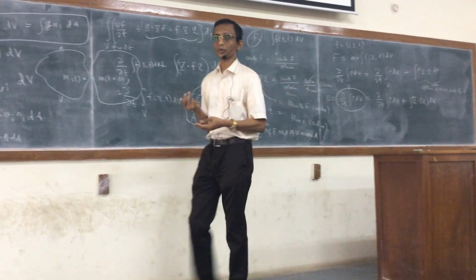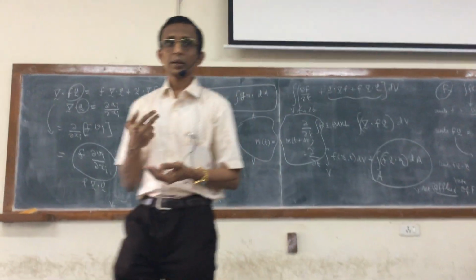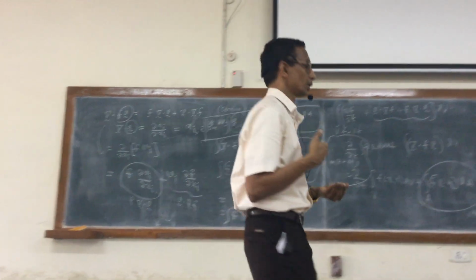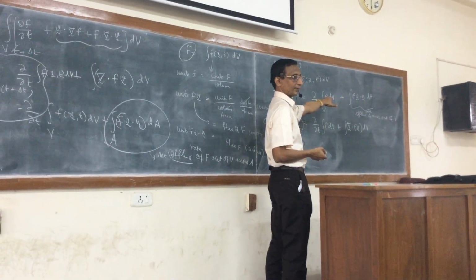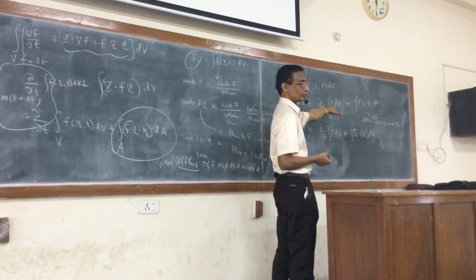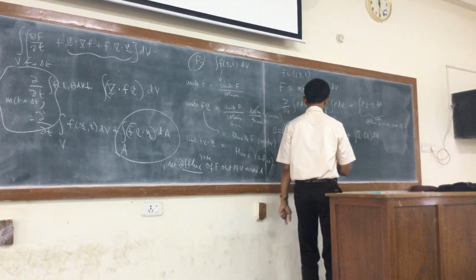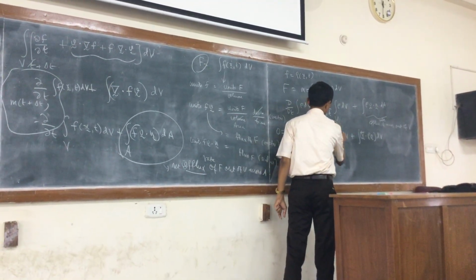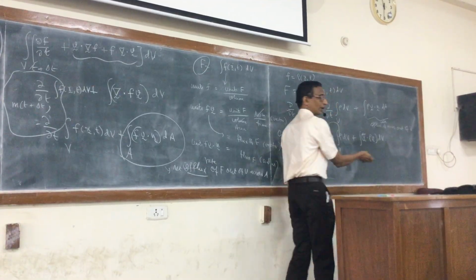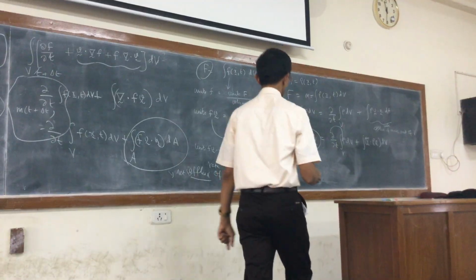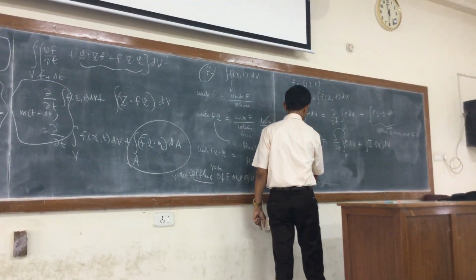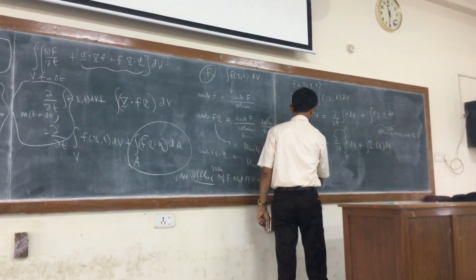This will now lead to the famous continuity equation. So this is 0. I have two terms on the right hand side, and the sum of those two terms is 0. We have seen that this is a spatial derivative, so I can take it inside the integral. So I can now write this as the integral of d rho by dt.